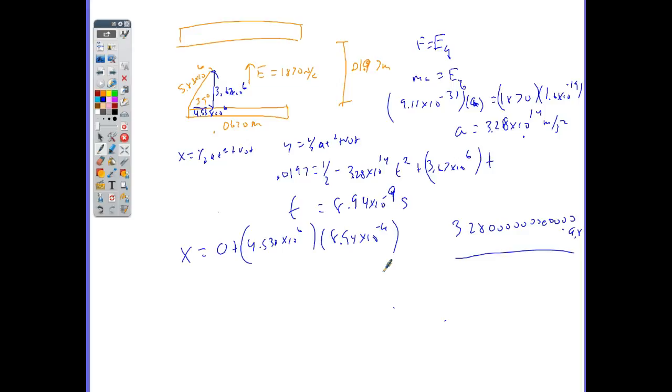So I get 8.94 exponent negative 9 times 4.53 exponent 6. And I get that it hits the top plate 0.040 meters from the left edge. So right about here at 0.04 because it's 0.0620 long. And bam, we got an answer. Make sense? Yes.